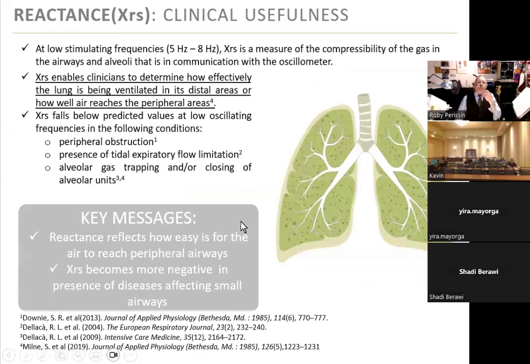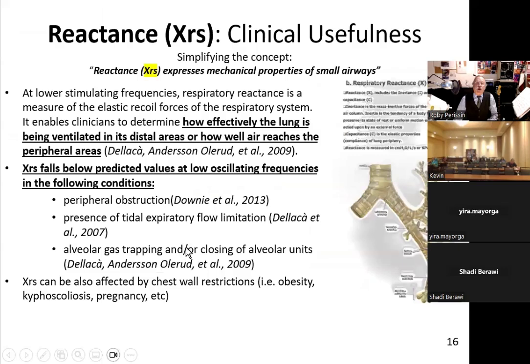So the reactance, on the other hand, is pretty neat to be able to explain: reactance is how well air reaches and ventilates the very small peripheral airways. So it goes below predicted values when there is a peripheral obstruction, when there is tidal expiratory flow limitation, when there is trapping of the alveolar units.